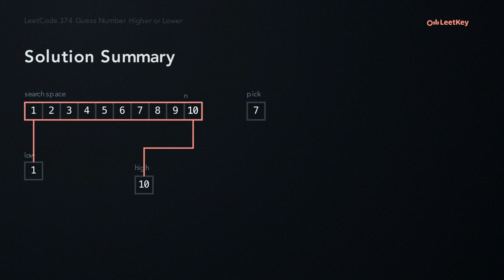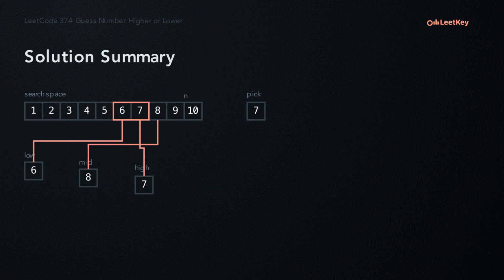At each turn, we can get the midpoint of the search range, then check if that value is lower or higher than pick, so we can ignore values that are lower than the guess and those that are higher than the guess until we find a match.